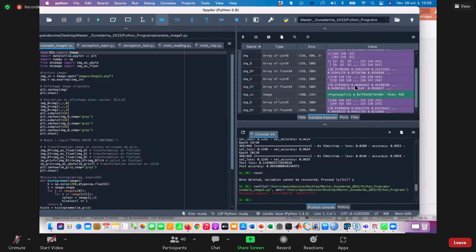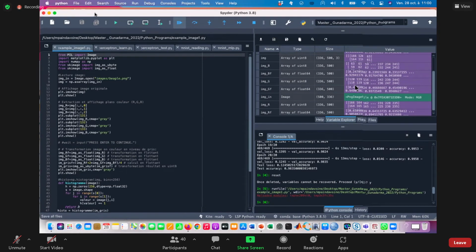We can just represent the image, show the image, but we cannot, with this format, do some calculation or processing inside. So we need to transform this one into an array. An array means that we have a matrix, okay?